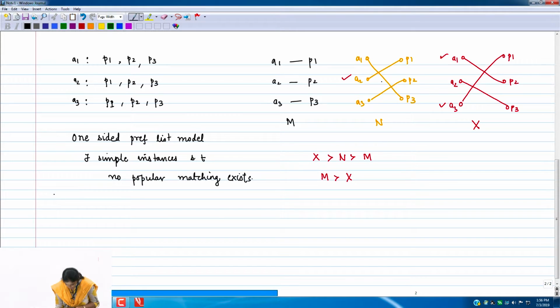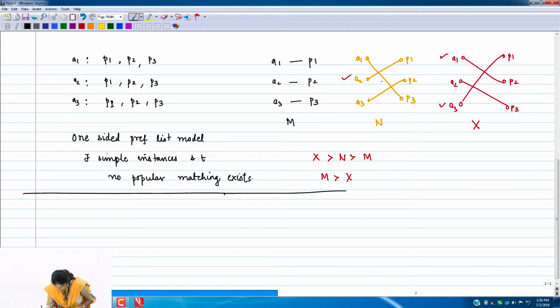Now, just to contrast this with another example, let's say that I have many applicants A1 to AN, N can be a large number, and there is just one post P1, right. So there is exactly one post and everybody has an edge to that post.